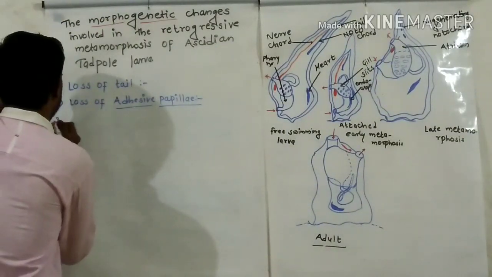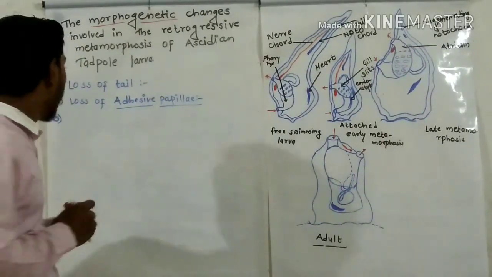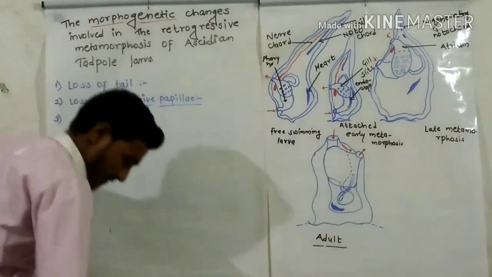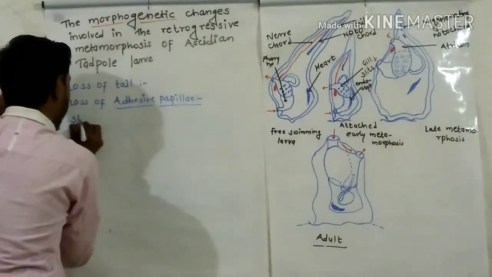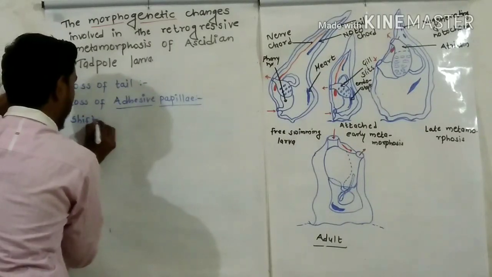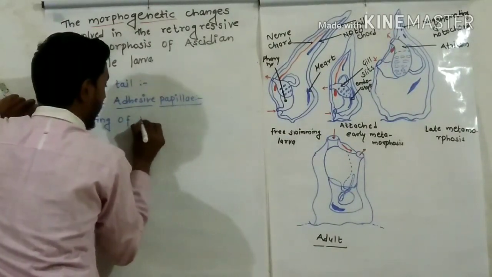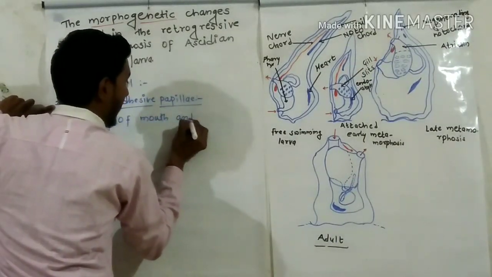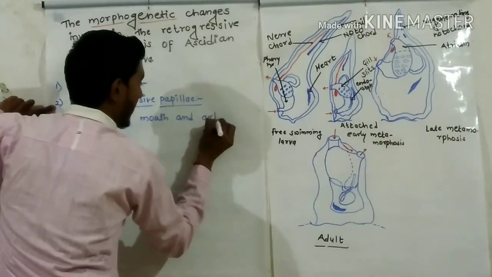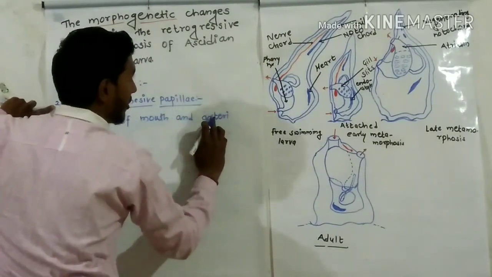Okay, now the third part is the shifting of the mouth and the atriopore.